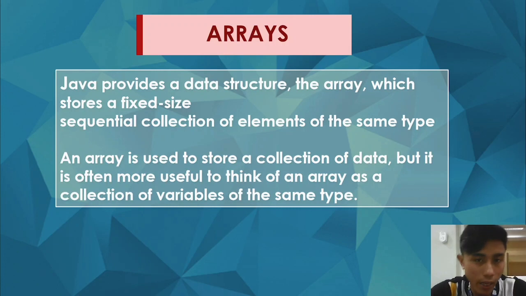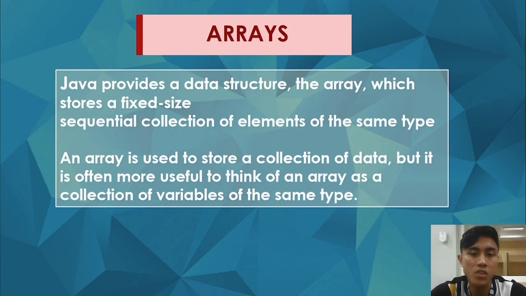So what are arrays? Before this, we ended with decision making statements such as if else, and of course we have the looping, of which there are three kinds of loops, and now we are here with our arrays. What are arrays?